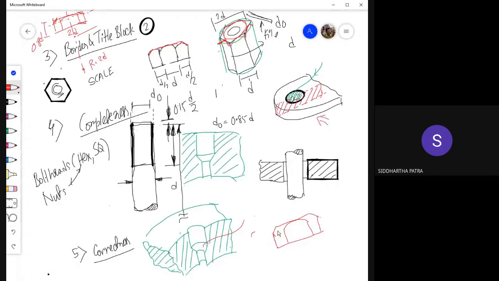Now draw an arc, and you are free to do that using your hand, which is tangential to this line and meets over here. That way you have your nut completed.